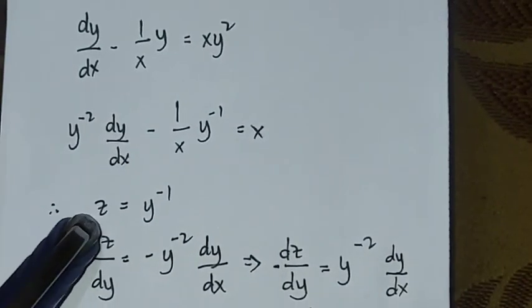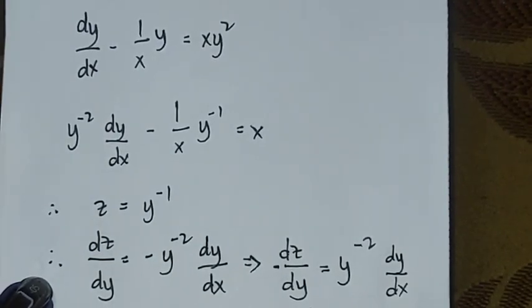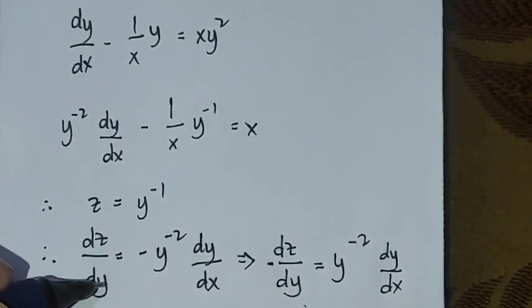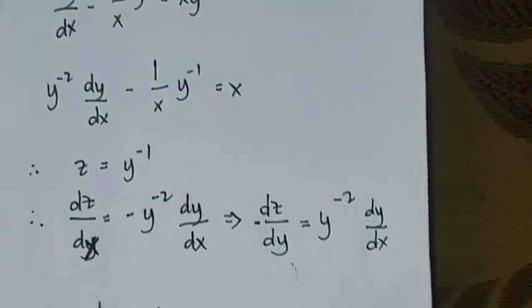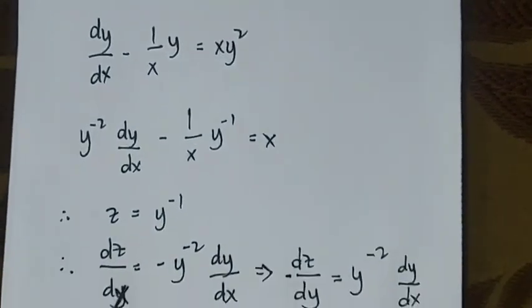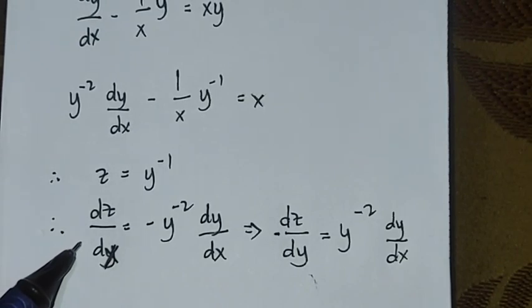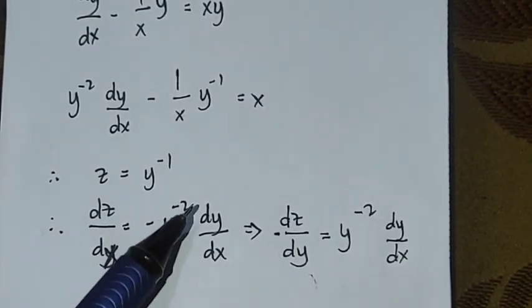Tapos, ang derivative ng z with respect dun sa x is magiging ano. So, dapat pala ito is dx. Derivative of z with respect sa x is equal to negative y raised to negative 2 dy dx.